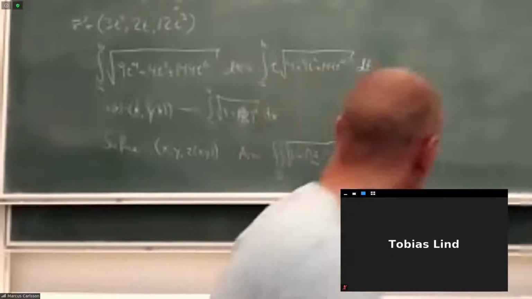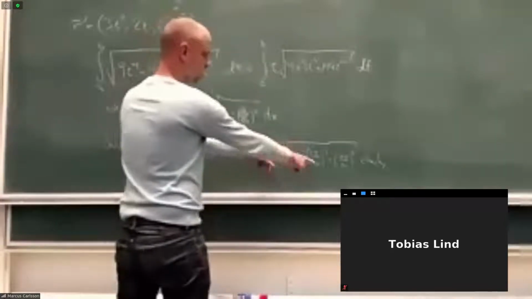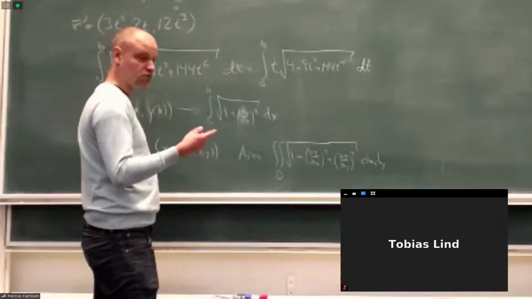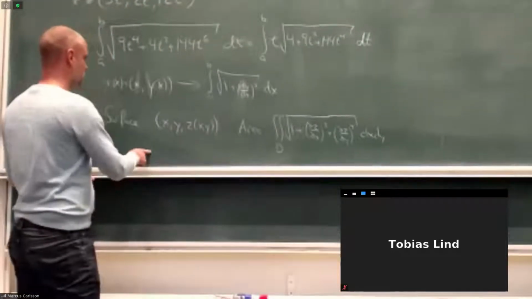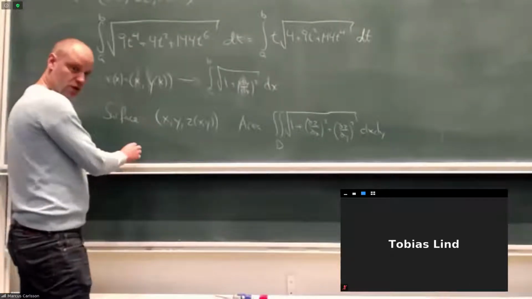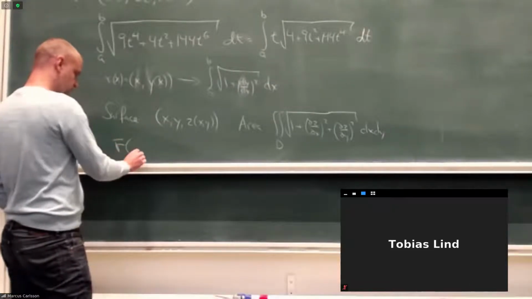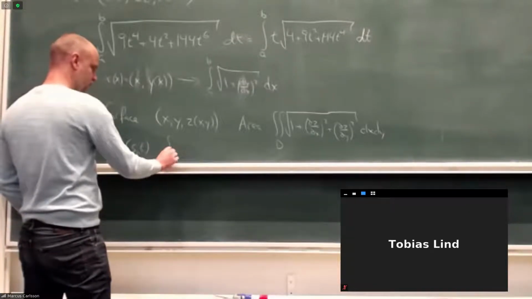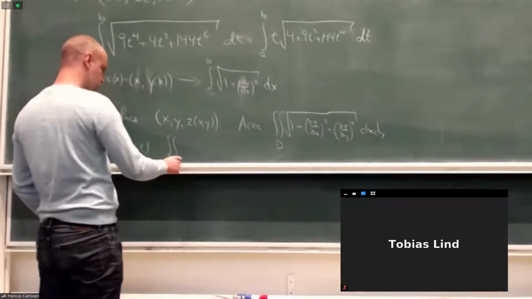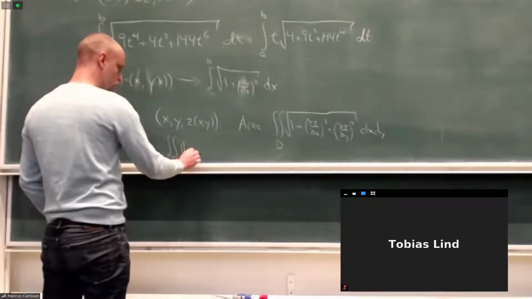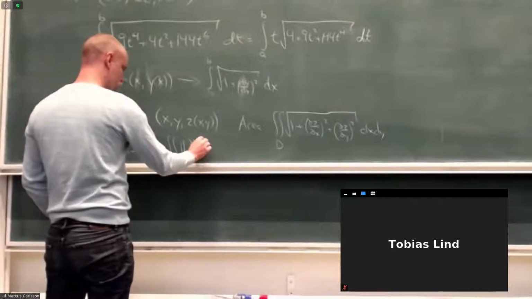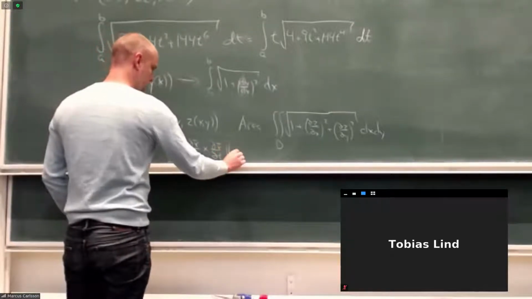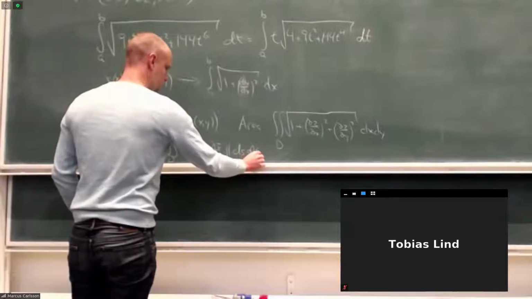So this is more like a memory rule. If you remember this one, then it's easy to remember that one. The real integral formula that we have, of course, is if you have just a general parameterization, so R of two variables, S and T, then the area is given by the integral over some domain of the norm of dr/ds cross product dr/dt, and norm, ds dt.